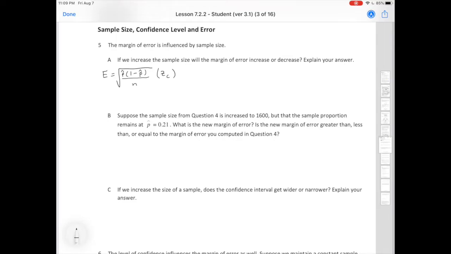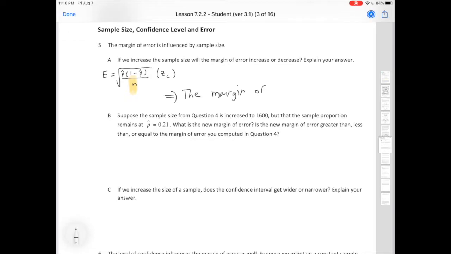Now, what this is saying is if we make n bigger, what will happen to the margin of error? Well, what happens when you take a fraction and you make the bottom number bigger? Right? Because if you notice here by looking at this, the sample size is on the bottom, isn't it? So if we increase a number that's on the bottom of a fraction, it actually makes the number smaller. Okay? So what this means is that the margin of error will decrease.